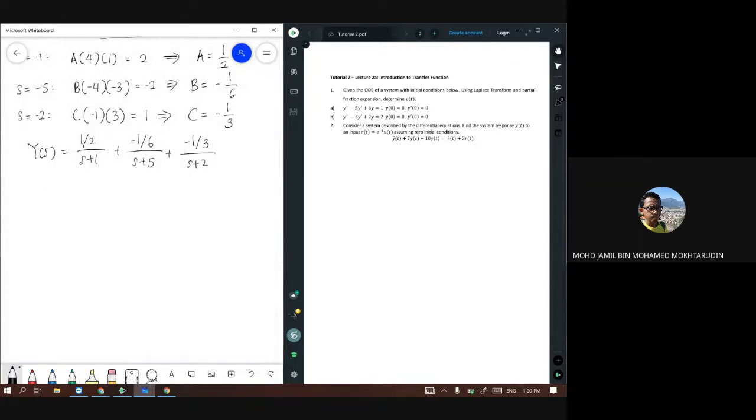Now you can use inverse Laplace transform to get YT: 1 half e to the minus T, minus 1 over 6 e to the minus 5T, minus 1 over 3 e to the minus 2T. This is the final answer.